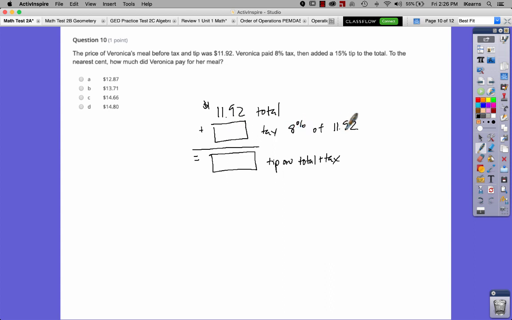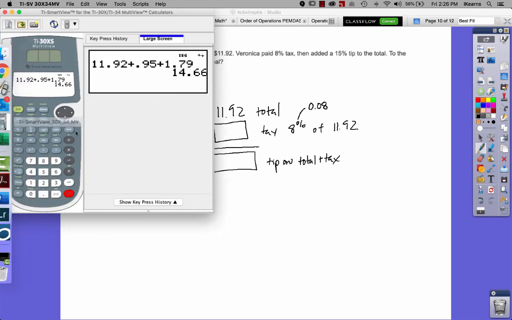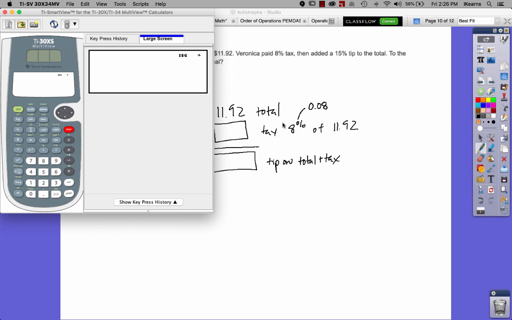So 8% of $11.92. In the calculator, assuming you can use the calculator, you could enter in 0.08. That will convert the percentage into a decimal. I also normally encourage my students to actually use the percent buttons.